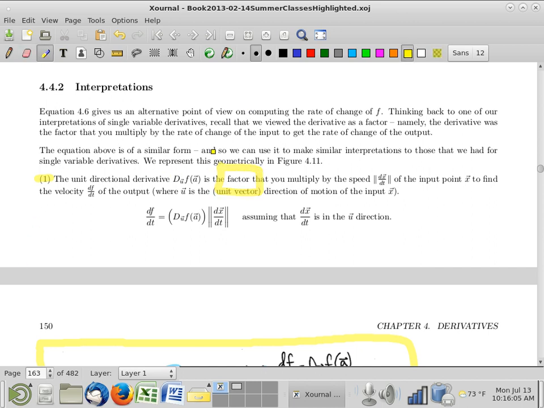It's a factor. And it's what you multiply by the speed of the input to get the velocity of the output. Cool.